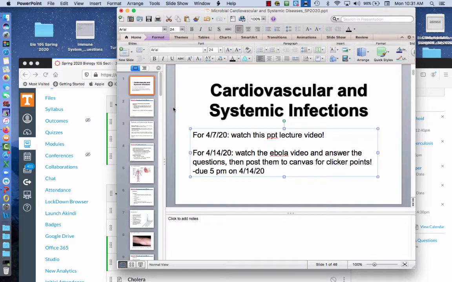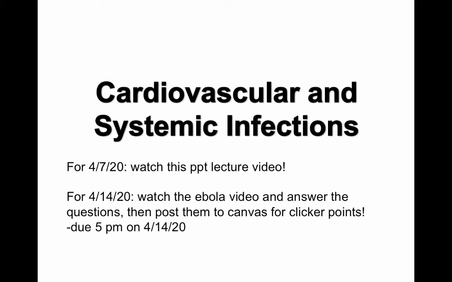All right, hello everybody. Today I want to talk to you all about cardiovascular and systemic infections. When we say cardiovascular, this means anything to do with your heart, valves, membranes surrounding the heart, blood vessels and veins.